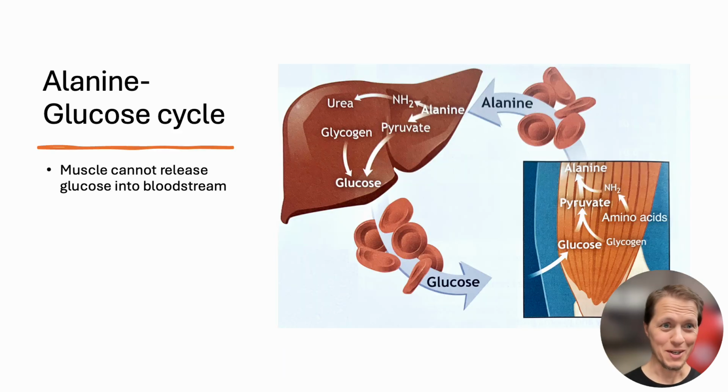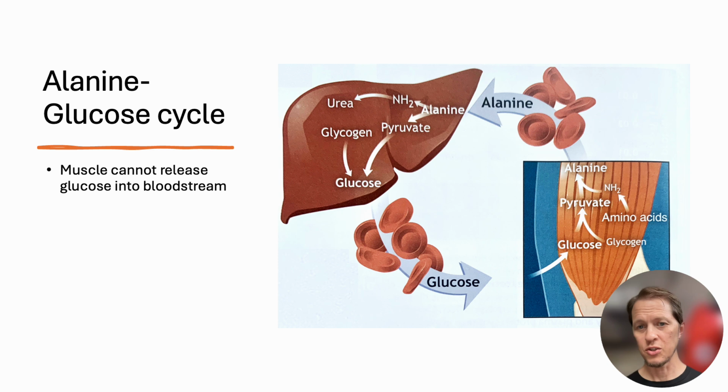Or do we, right? This is the other main point that I wanted to bring up in this talk here, the alanine glucose cycle. It's pretty fascinating. Your muscle cannot release glucose into the bloodstream. If you have a non-exercising muscle and your quads are burning from running uphill and you need to feed that with some energy, you can't donate glycogen from your biceps to your quads.